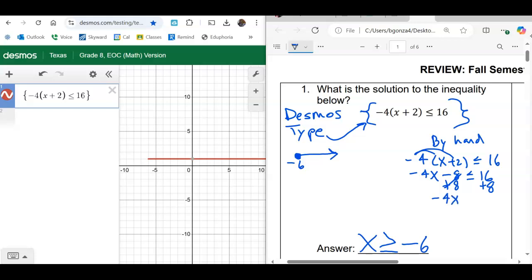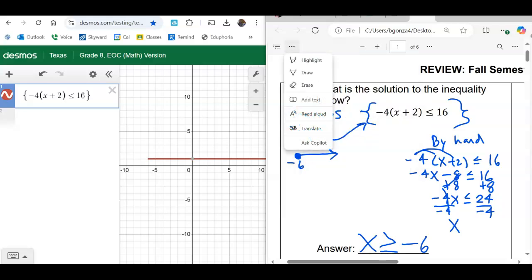Negative 4x less than or equal to 24. And then to get rid of this coefficient, we divide by negative 4, divide by negative 4. Now, since we divided by a negative, it's very important that you see that this is going to be a greater than or equal to situation because we divided by a negative.